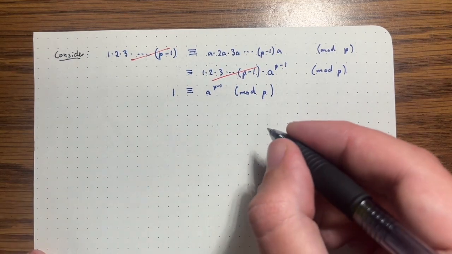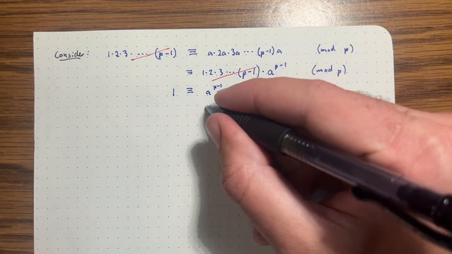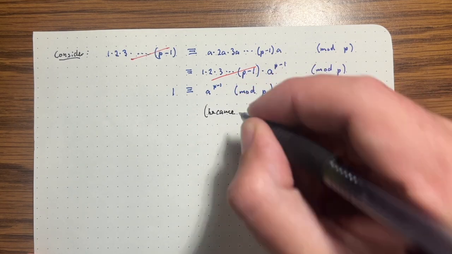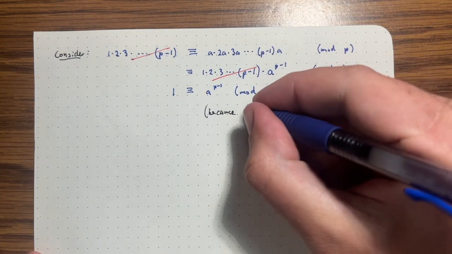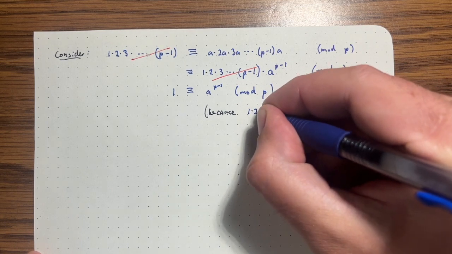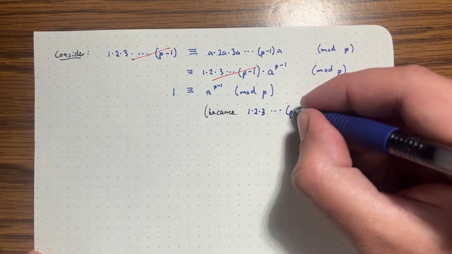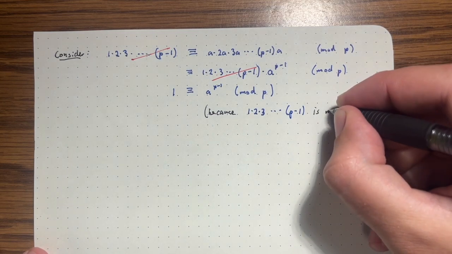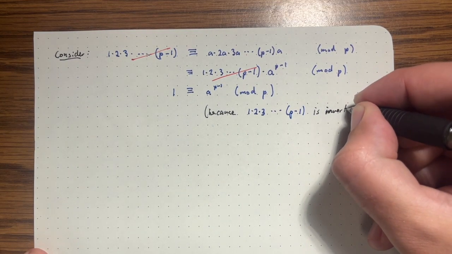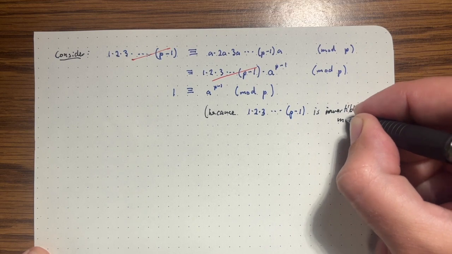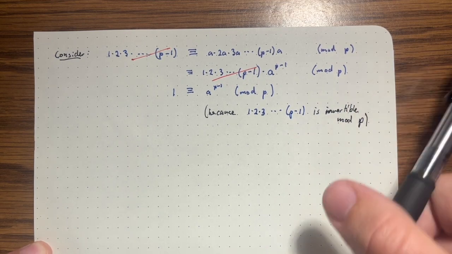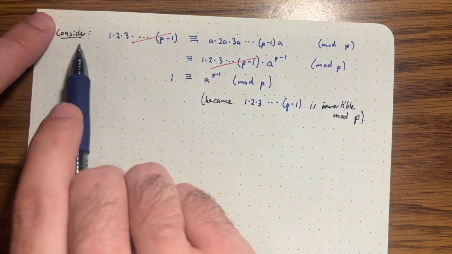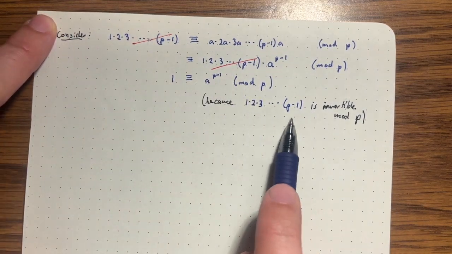So what I just did is correct, but it's only because this number is invertible mod p. Technically, to cancel it out, I multiplied both sides by the inverse of this number.